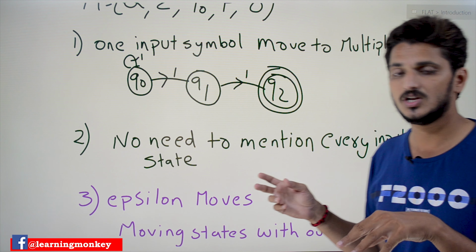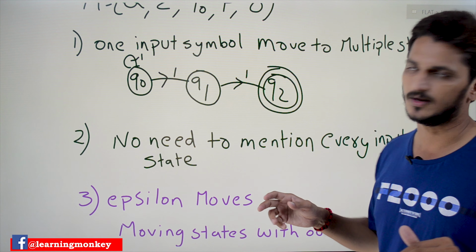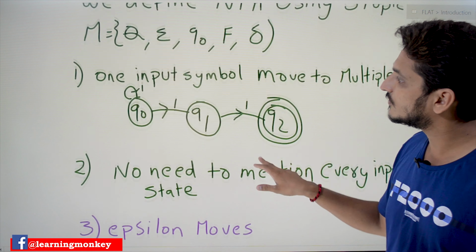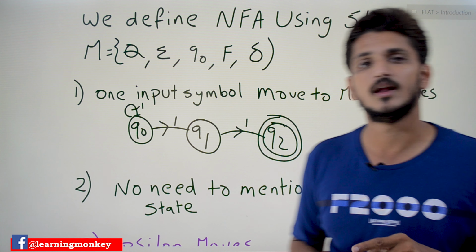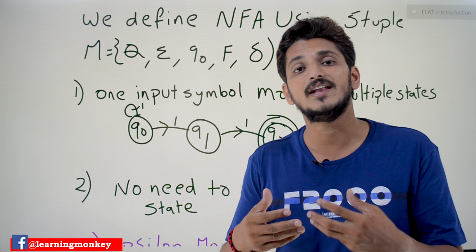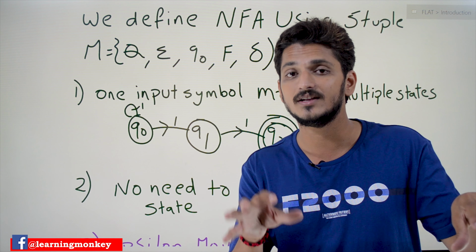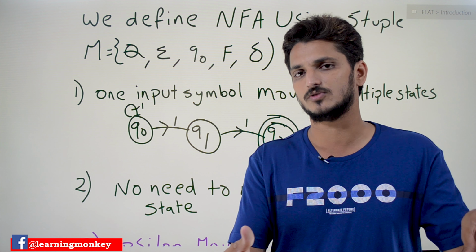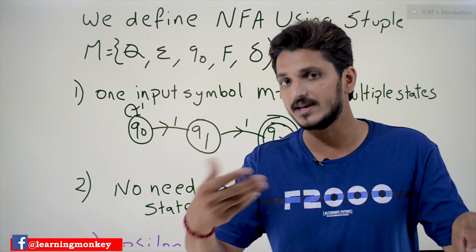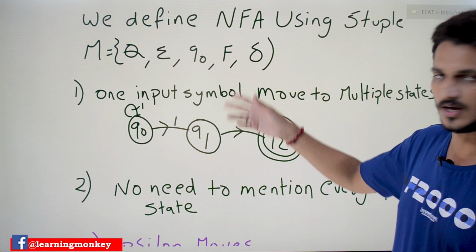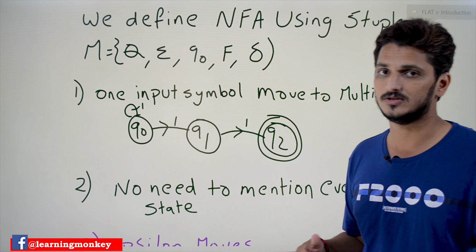If it is needed, we mention it, otherwise we don't. That flexibility is there in NFA. Because of this parallel execution, writing logic in NFA is easy. We discussed that in our previous classes and we have done some examples also. We constructed some NFA examples using these NFA conditions. It's very easy to construct the logic.